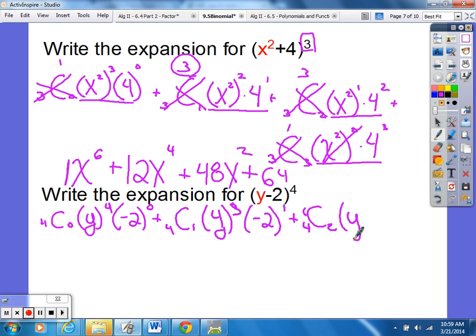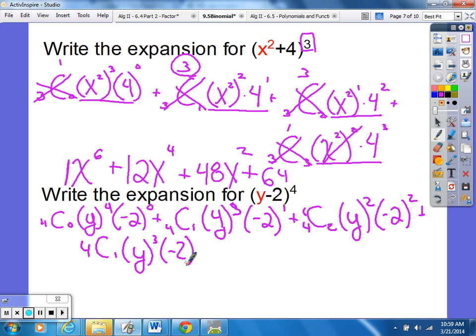This would be y squared, negative 2 squared, plus 4C3, y to the 1st, negative 2 to the 3rd, plus one more, 4C4. That would be y to the 0, negative 2 to the 4th.